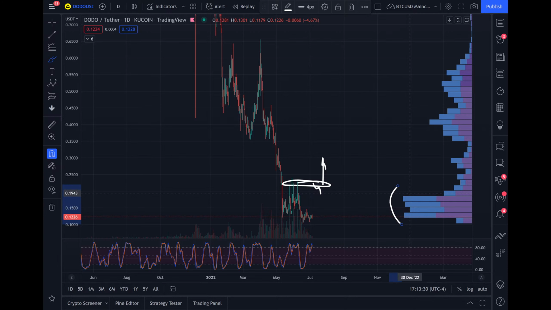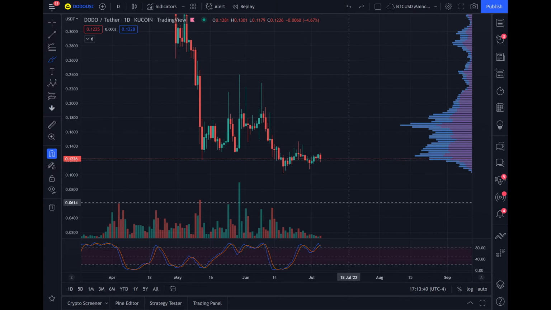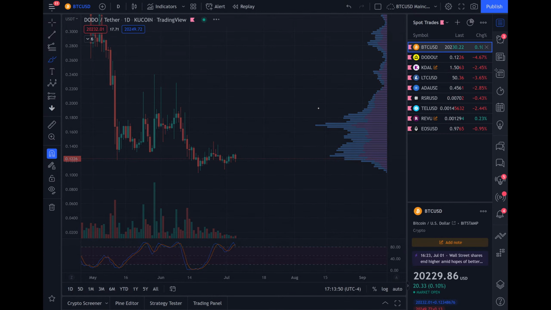So this is likely to be around 20 cents, 19 cents, some sort of resistance. I don't think it's going to be mega resistance, because once your volume comes in for these altcoins, it's going to start running. That's when your Bitcoin dominance drops, and in that time, I see Bitcoin just hanging out.